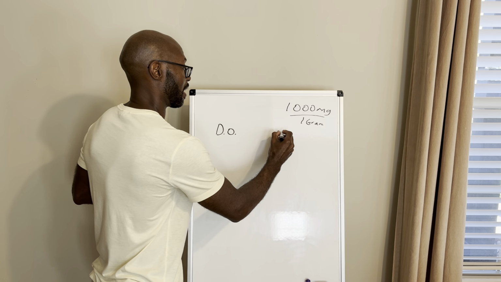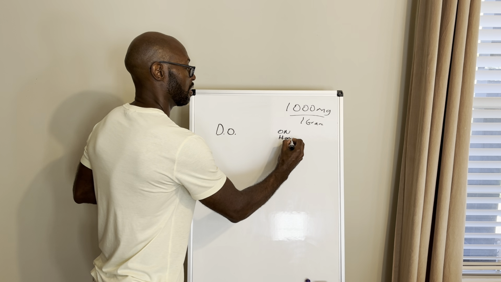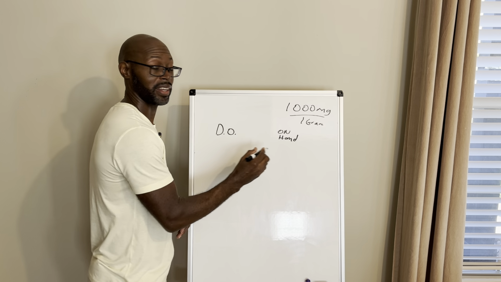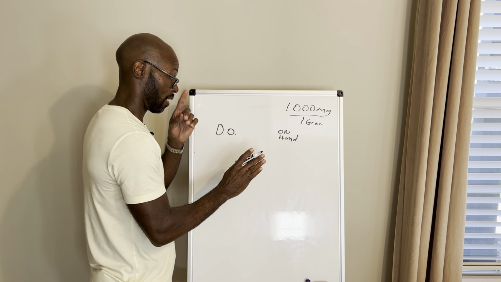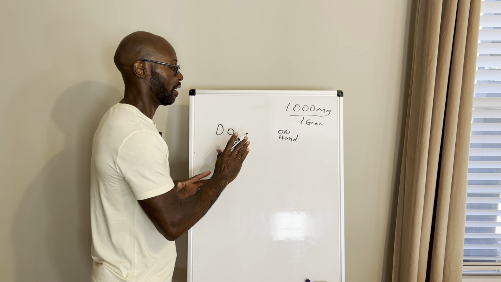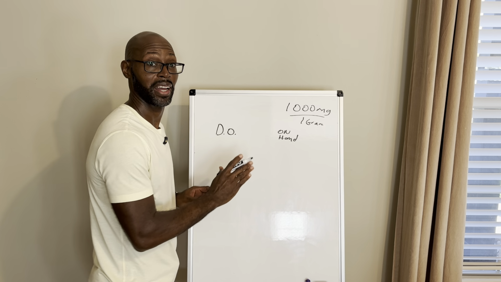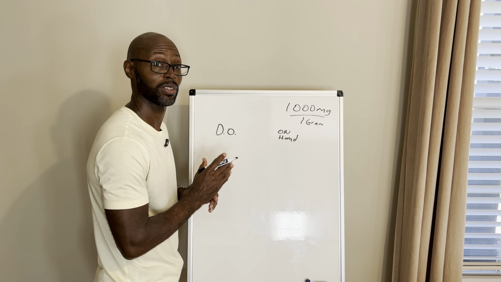And then on this side, I'm going to write the word on top and then hand. When you do that, it'll keep you in a mindset and make certain that you put things on the right and proper side, so you can keep everything lined up with your ratio and proportion problem, okay?